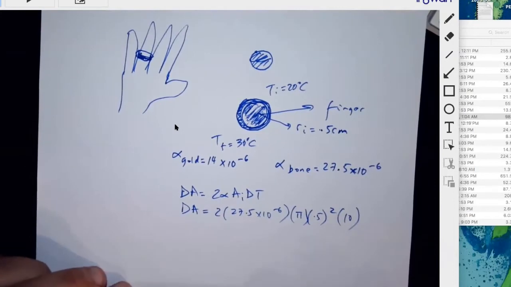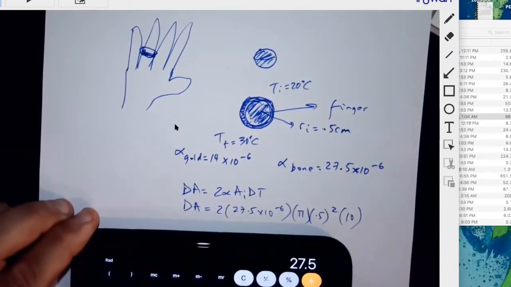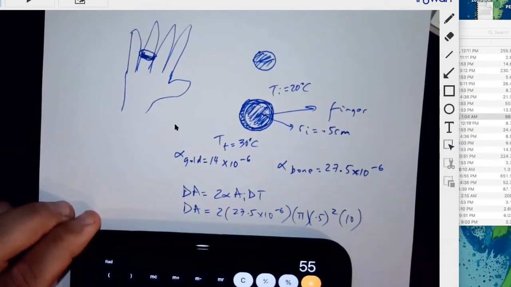So that gives you 2 times 27.5 times pi times 0.5 squared times 10 to the power of minus 5.